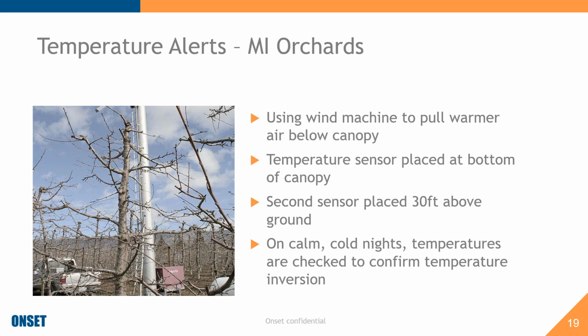However, with wind machines, you want to add a second temperature point, which would need to be at about 30 feet in height. And what this is for is just to confirm that you're looking for that inversion. You want to make sure that the air temperature at that 30-foot level is in fact higher than the temperature at your crop height and not lower, which would make turning that wind machine on a bad idea.